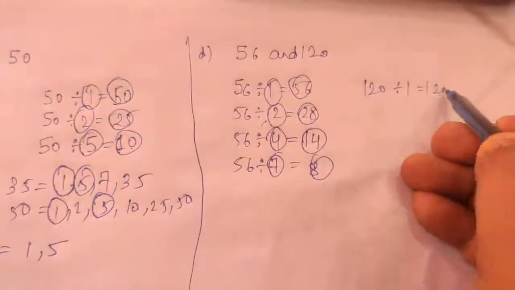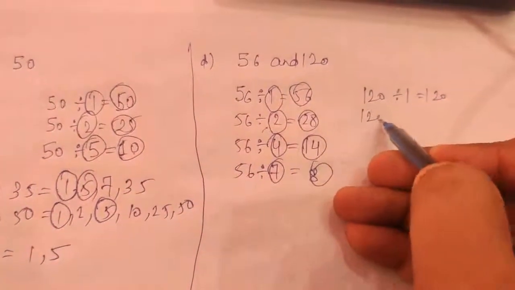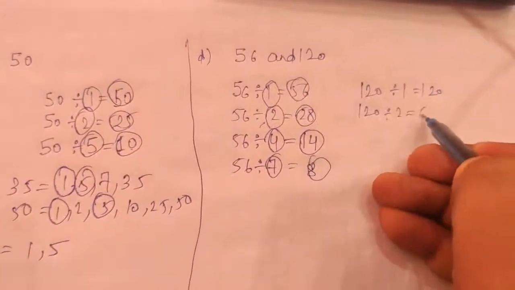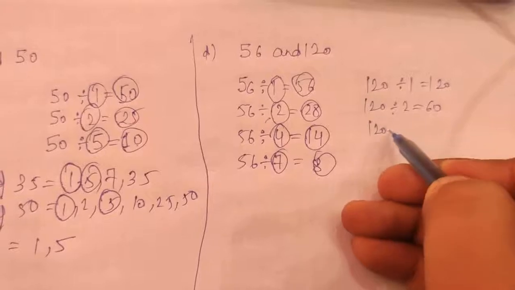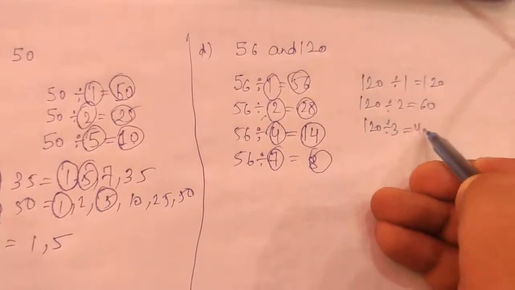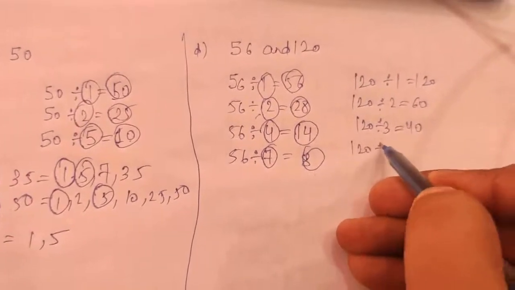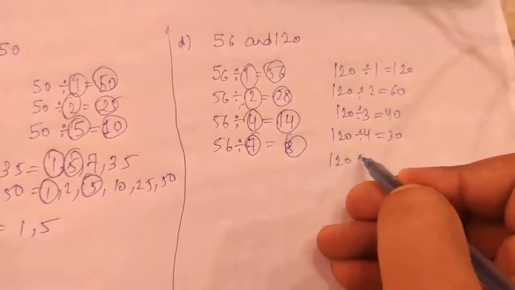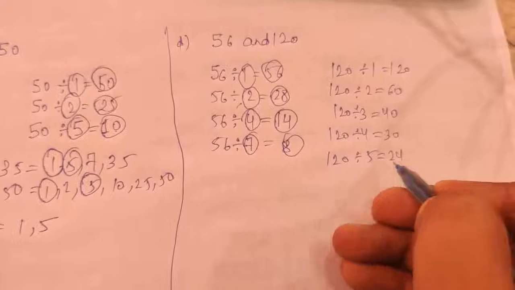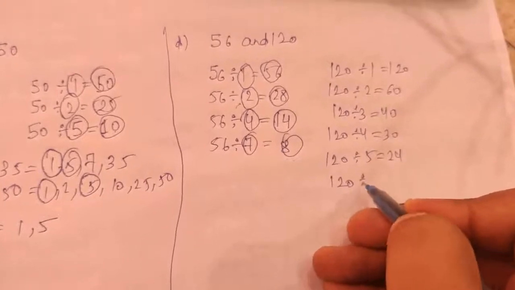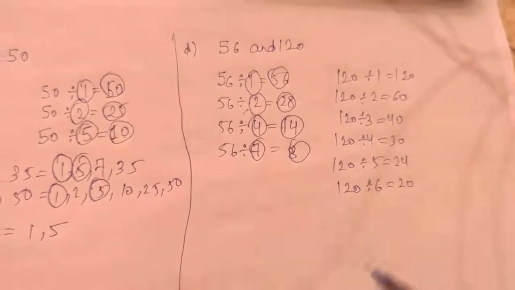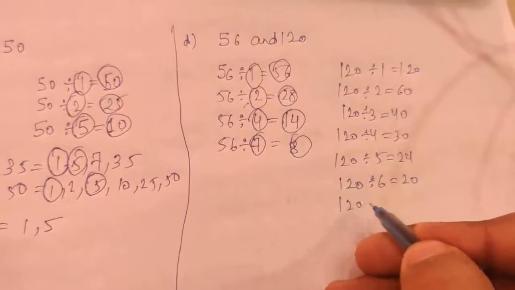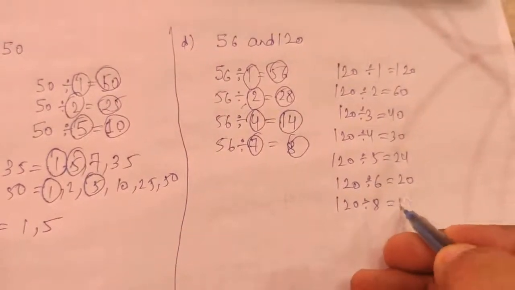Now find the factors of 120. Divided by 1 first, then we get 120. Then divided by 2, we will get 60. Then divided by 3, we will get 40. Then divided by 4, we will get 30. Then divided by 5, we will get 24. Then divided by 6, we will get 20. Then divided by 8, we will get 15.